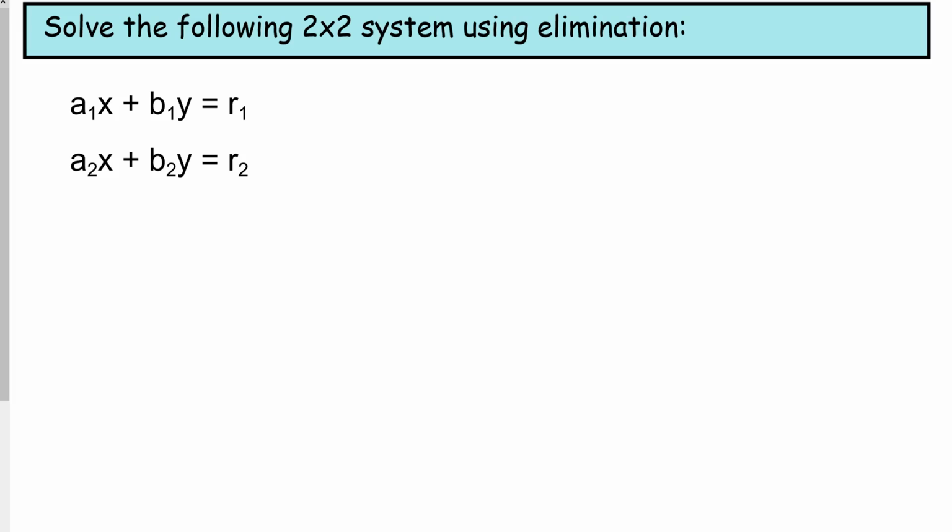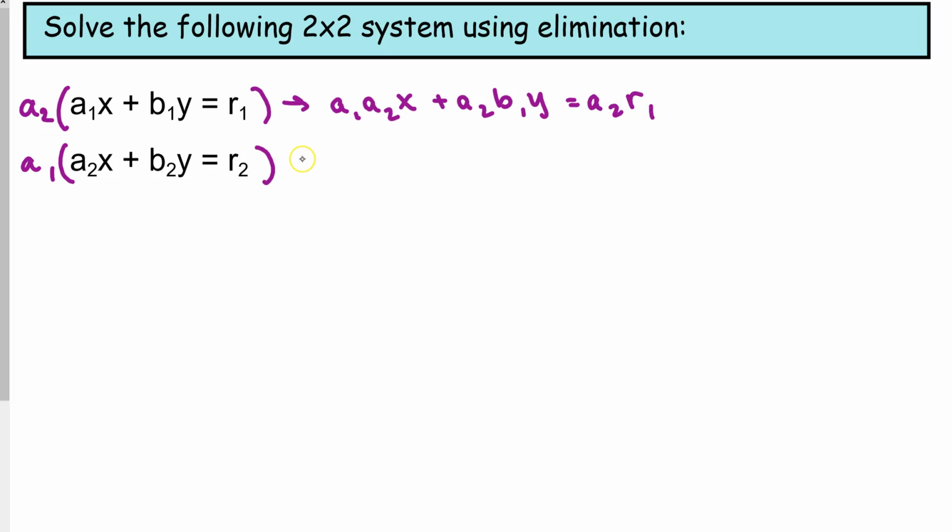So if we wanted to solve by elimination, we could multiply the top equation by A2 and the bottom equation by A1, and that would give us A1 A2x plus A2 B1y equals A2 R1, and A1 A2x plus A1 B2y equals A1 R2.